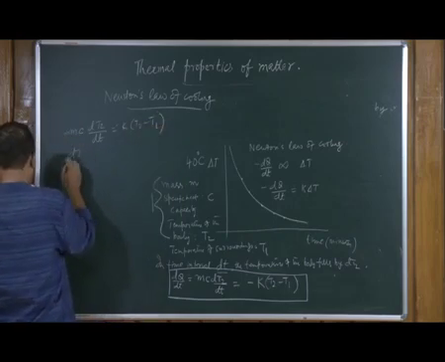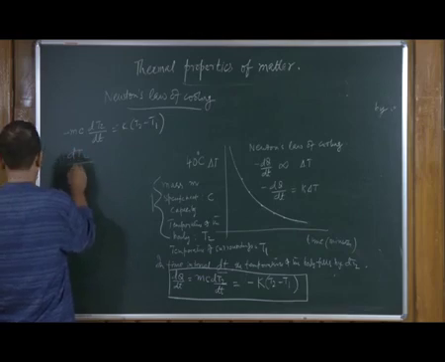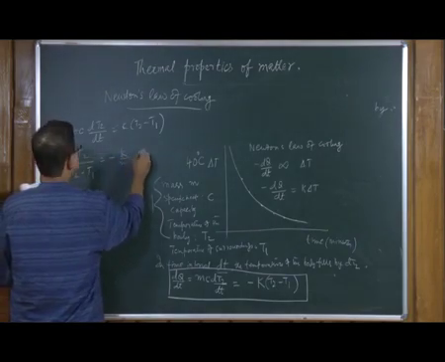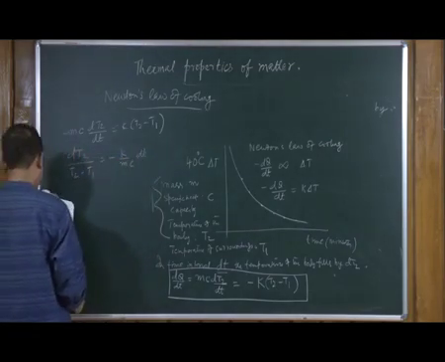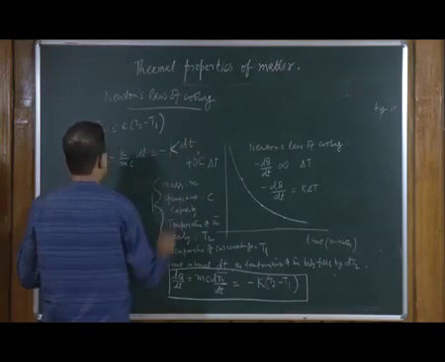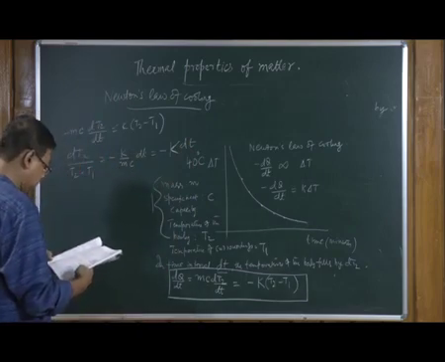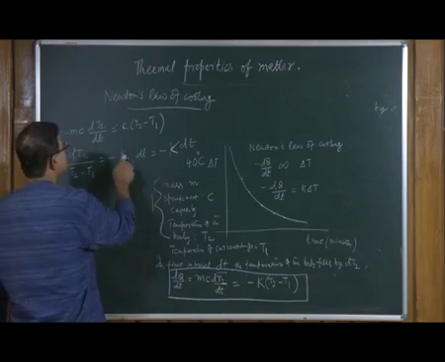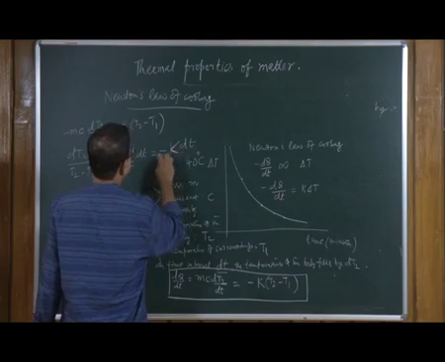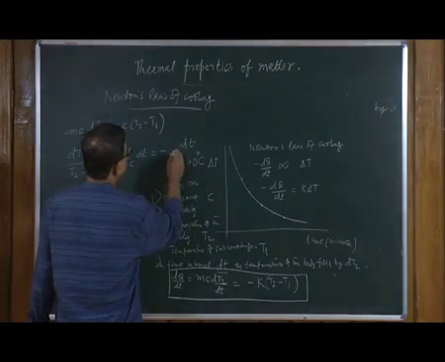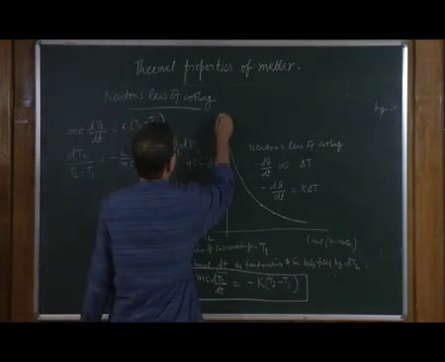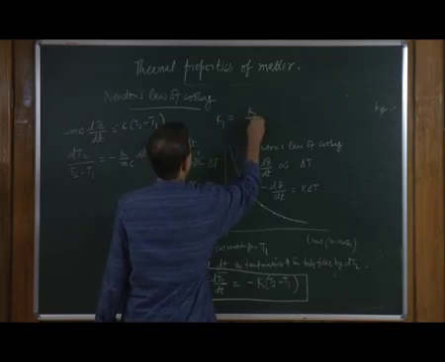So, dT2 divided by T2 minus T1 equals minus k over mc dt, which let us call minus capital K dt. This capital K is another constant. This is small k. So, in order to eliminate any confusion, let us write it as k1 dt, where k1 equals k over mc.